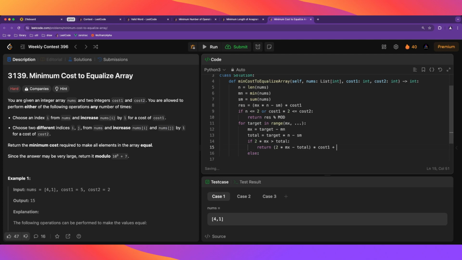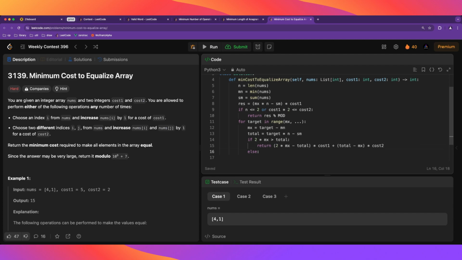And here the total minus the maximum is going to be of cost 2, right?